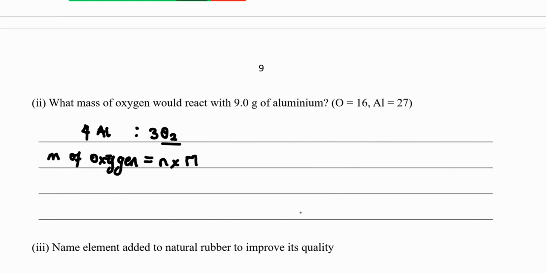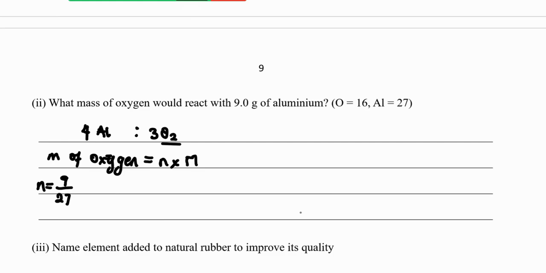We would know the number of moles of oxygen by calculating that of aluminium and then relating to the balanced equation. So the number of moles of aluminium is equal to 9 divided by 27, because 9 is the mass given to us there, and 27 is the molar mass.